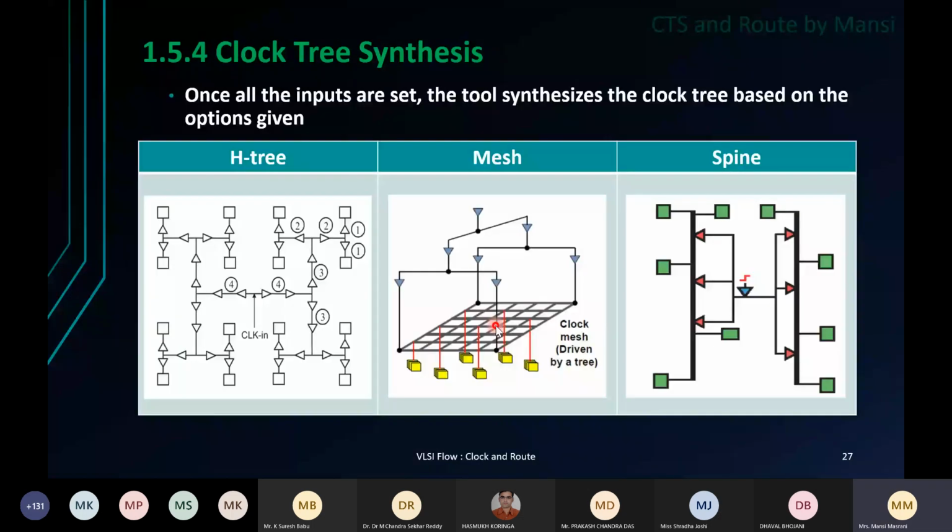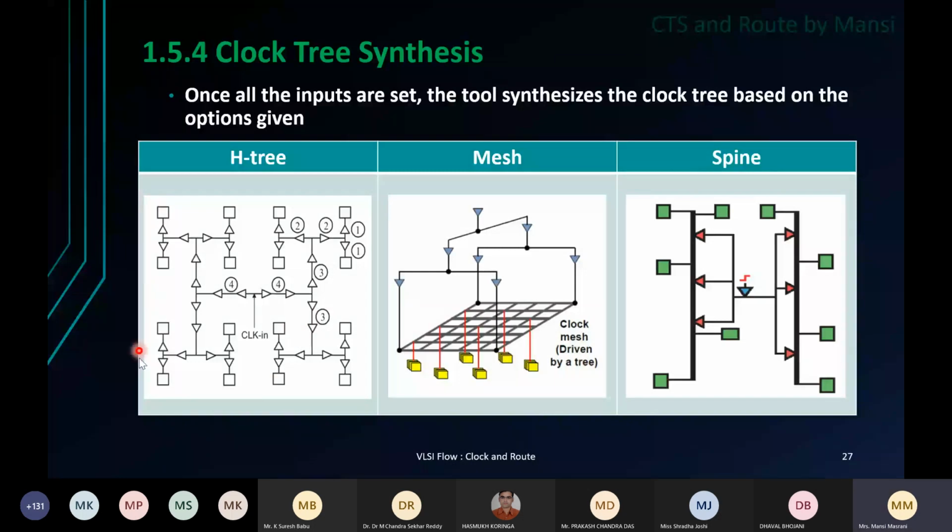Okay, now let's talk about how many different types of clock trees usually are there in the standard designs. There are many more ways of doing the clock tree synthesis. These three are the basic types of clock trees. This is called H tree, where, let's say this is your design border.